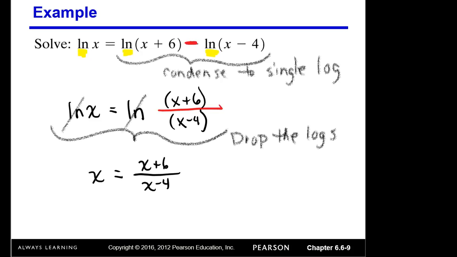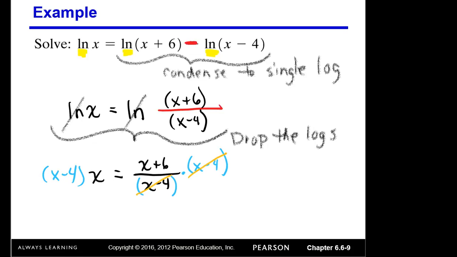And now I have to kick it into algebra mode. And I'm like, okay, how the hell do I solve this thing? Well, I've got a fraction where there's an x in the denominator. So let's take care of him first. I am going to multiply both sides by an x minus 4. So that the x minus 4s cancel out over here.